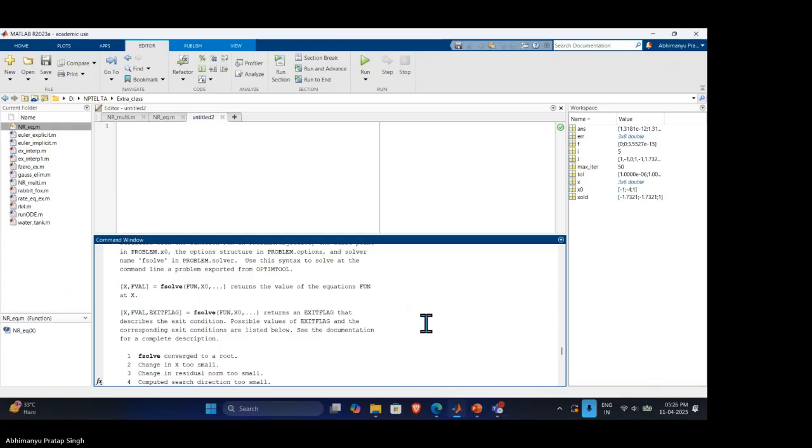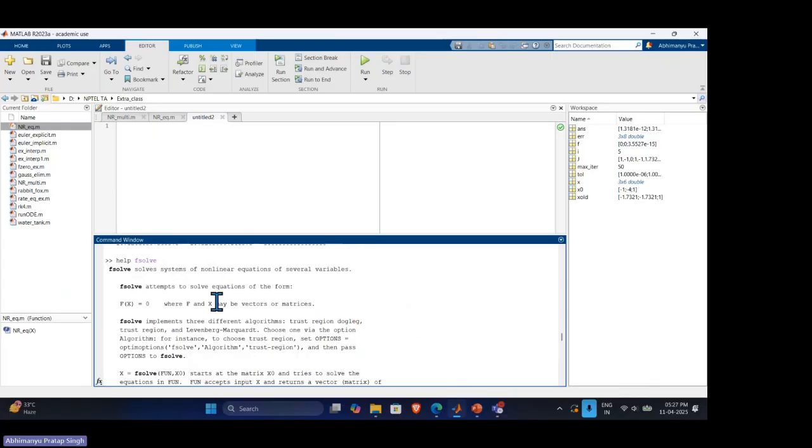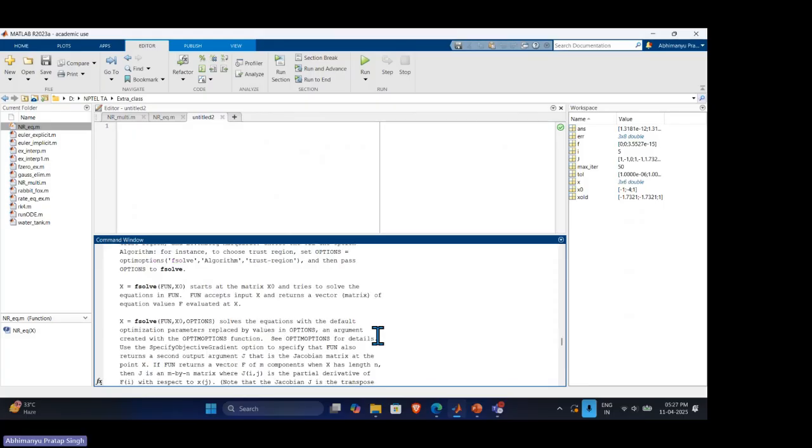So this is fsolve. It solves a system of nonlinear equations of several variables. It attempts to solve equations of the following form. It implements three different algorithms: trust region dogleg, trust region, and Levenberg-Marquardt. And then we have some options. This is the basic syntax.